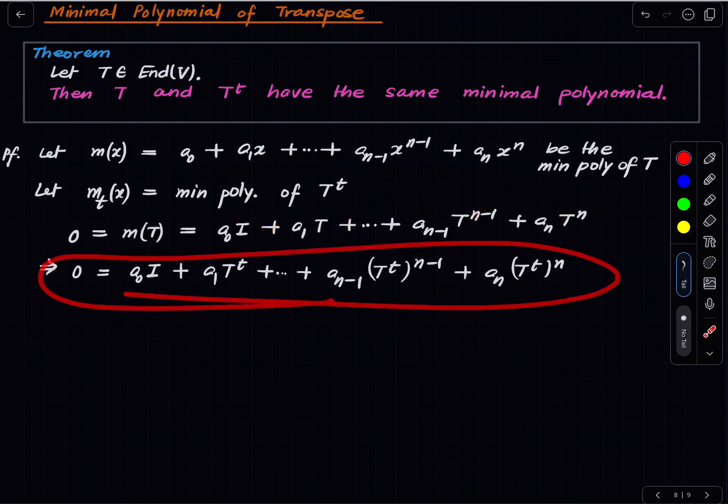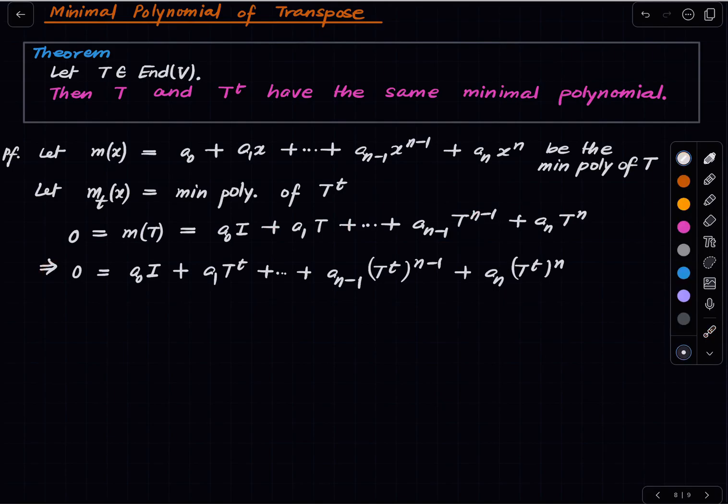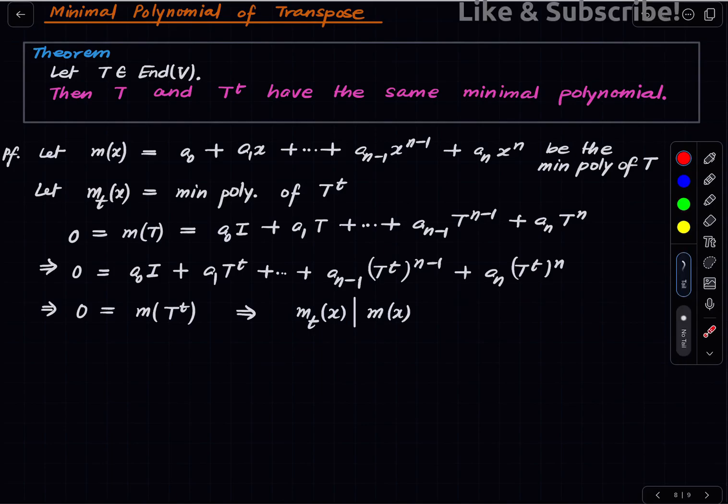So we have that, and therefore 0 is equal to m t transpose, and hence the minimal polynomial of the transpose divides the minimal polynomial of the original. T transpose satisfies some polynomial, so the minimal polynomial of the transpose must divide that polynomial.